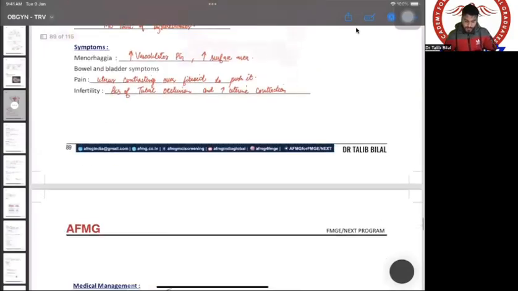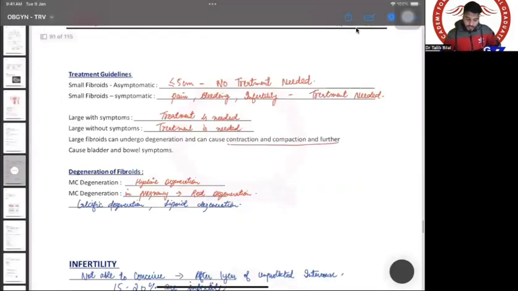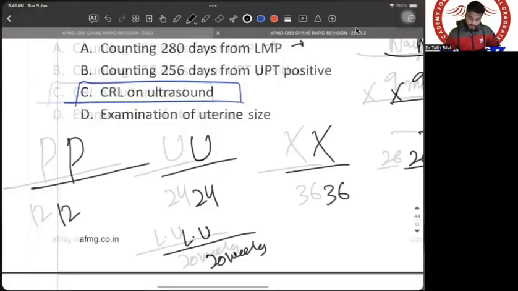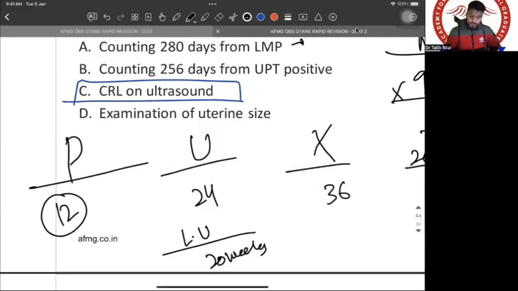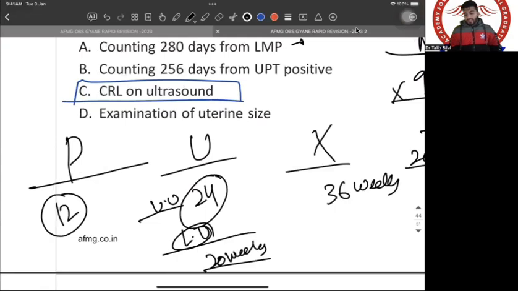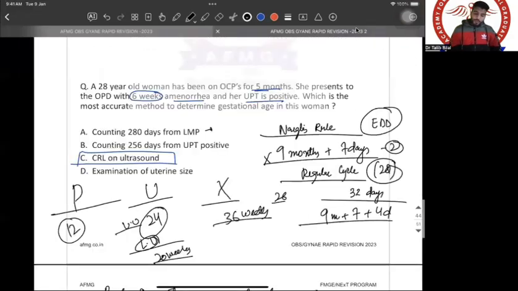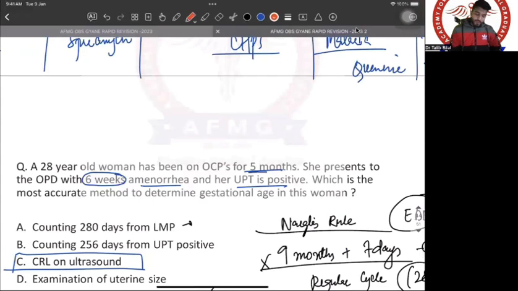Anyway, guys, I will mention that at 12 weeks, it's pubic symphysis. At umbilicus, it's 24 weeks. Upper border of umbilicus is 24 weeks, guys. Okay, lower border of umbilicus is at 20 weeks. Xiphisternum is 36 weeks, guys. If there is an abdominal lag, my dear students, this helps in the diagnosis of IUGR.